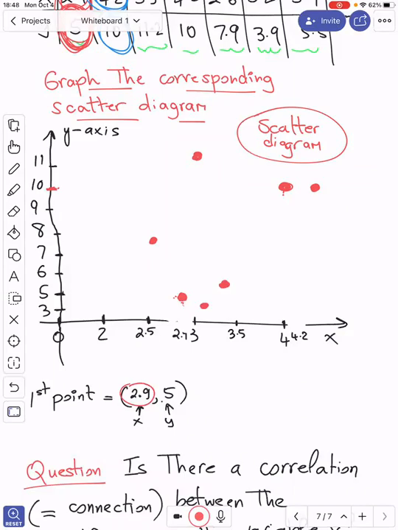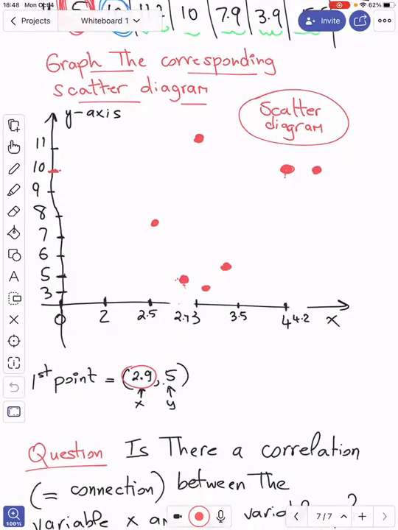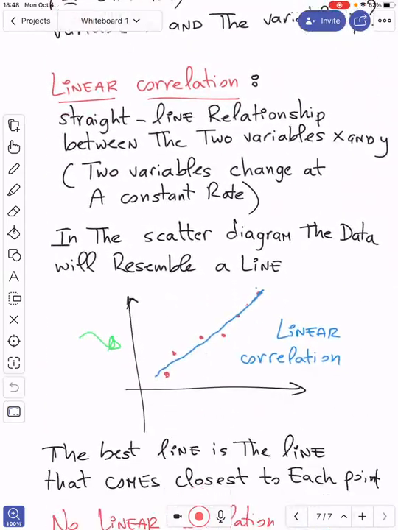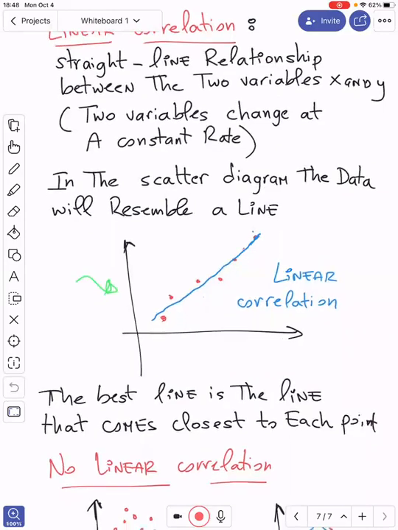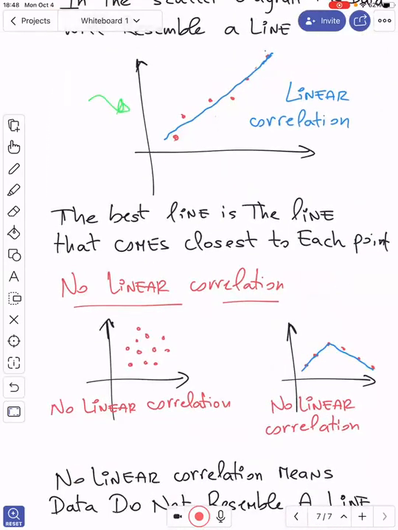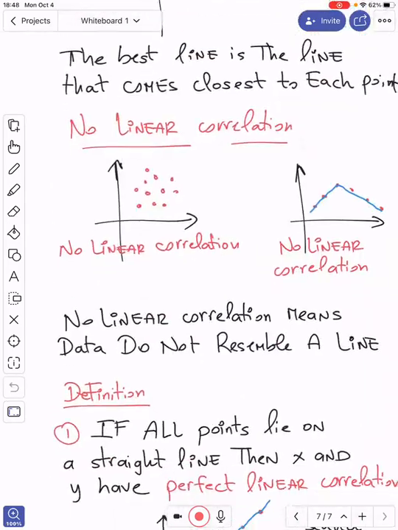Okay, so what we're gonna do next is compute a measurement that describes the strength of this linear correlation between the two variables.